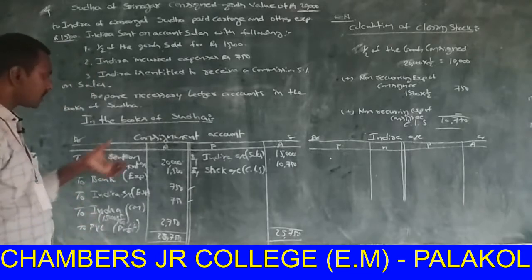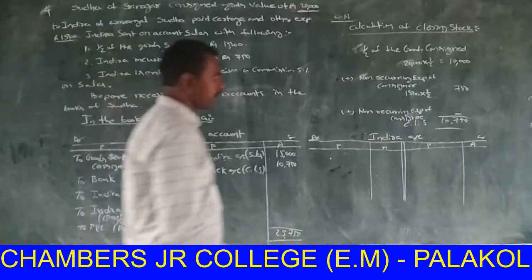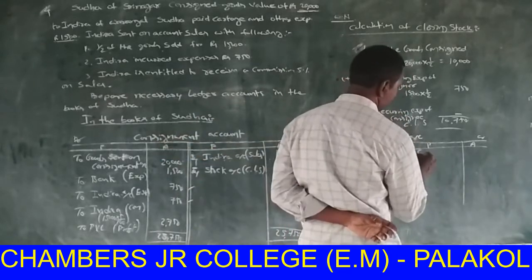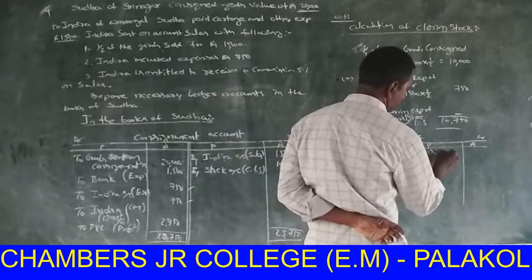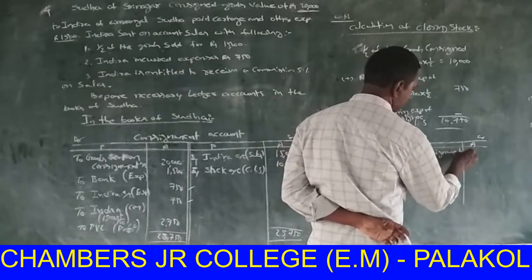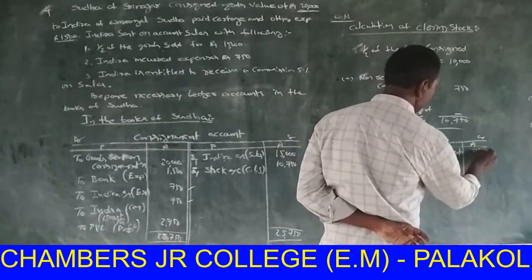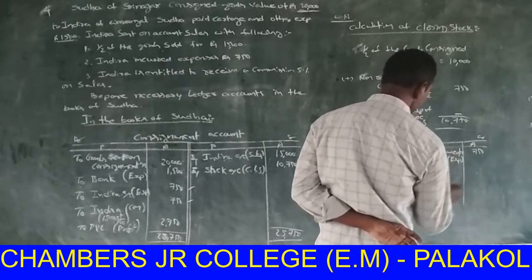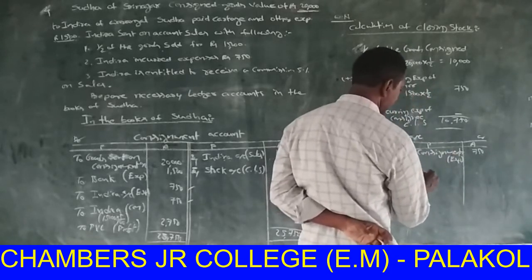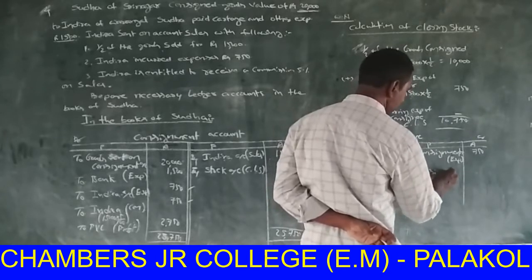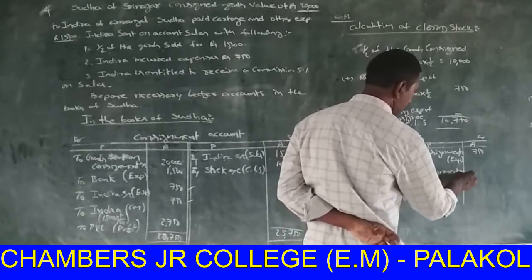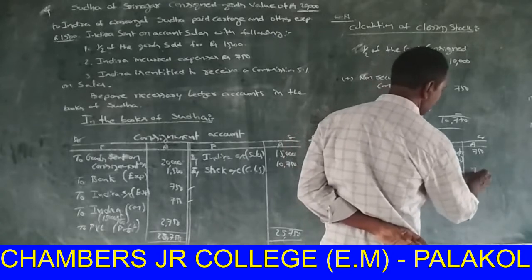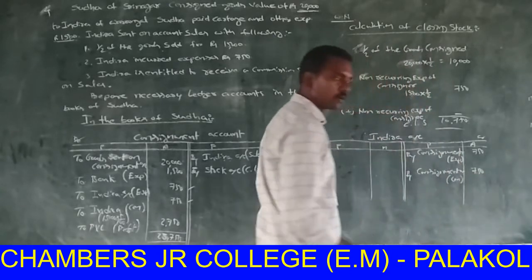These two amounts are transferred to Indira account on the credit side, by consignment account, rupees 750 (expenses), and also by consignment account (commission), also 750.